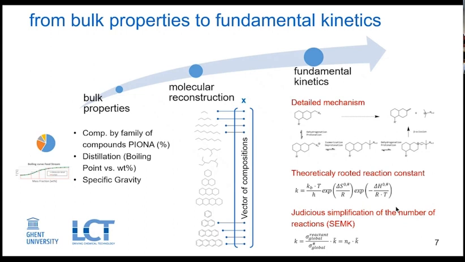If the molecular characterization of the mixture is available, the molecular reconstruction is not needed. But as I explained, this is not typically the case in an operational context, where normally bulk properties are the information that is available.